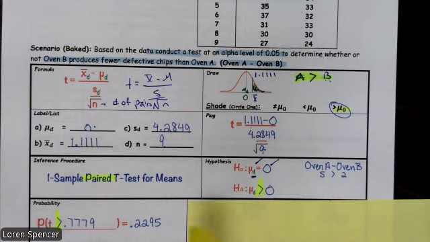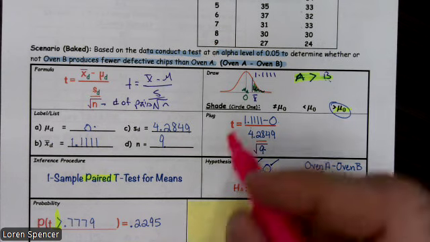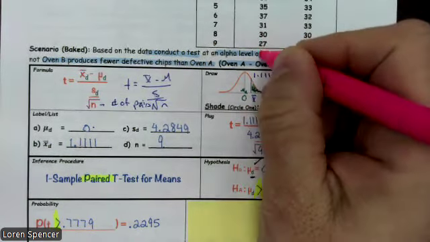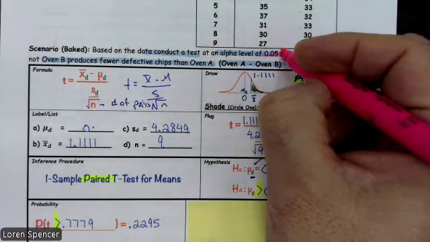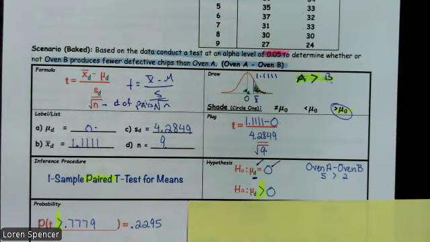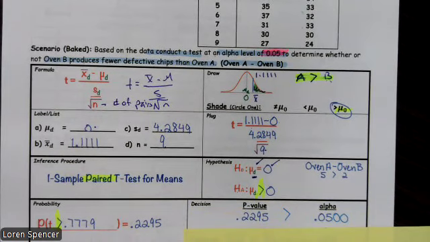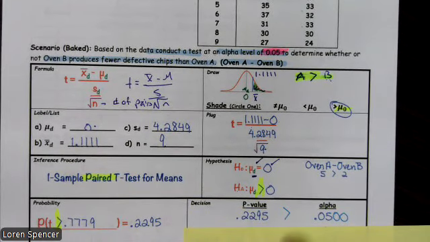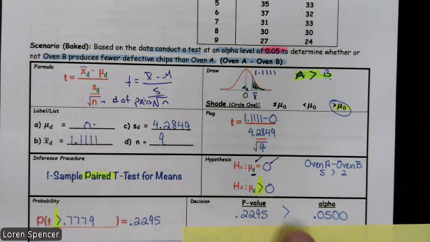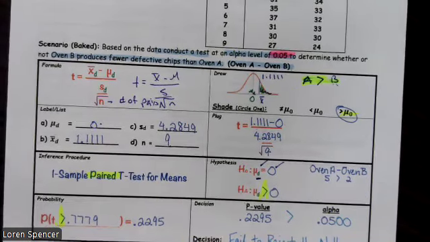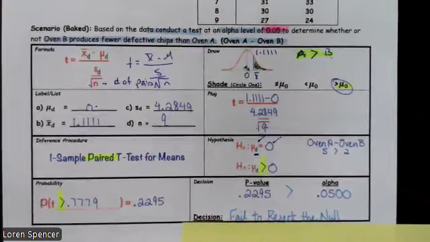So our p-value is 0.2295, but they gave us an alpha up here of 0.05. So when we compare our p-value of 0.2295, we find that it is greater than our alpha. Could have been less than, but in this case, 0.2295 is definitely greater than 0.05. So our decision is to fail to reject the null.